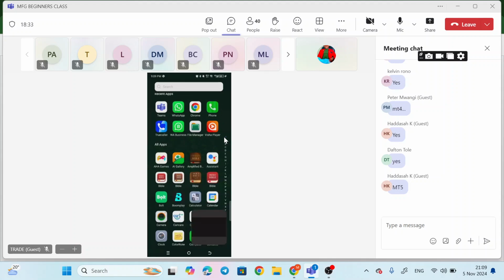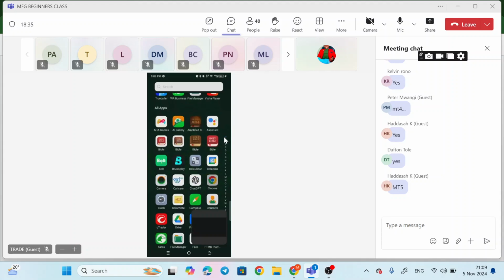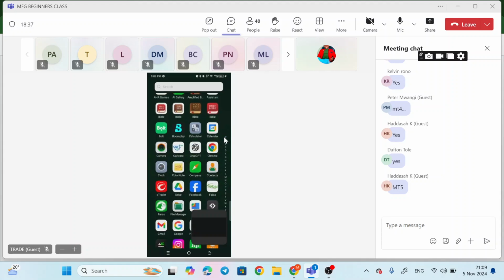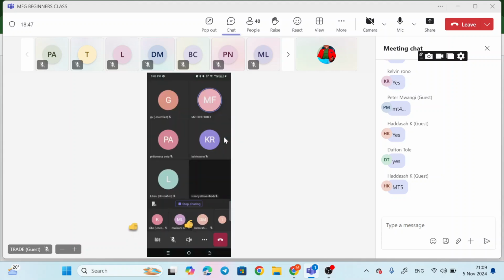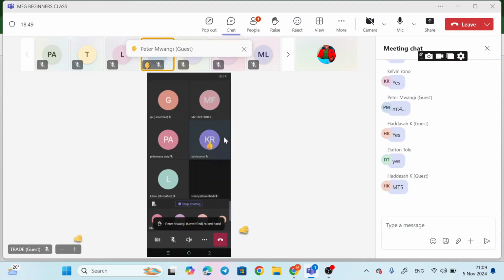Okay, let me search for MT4. Are we able to see my phone? Is my phone visible? Thumbs up kama mnaona screen yangu ya MT4. Thumbs up. Yes.